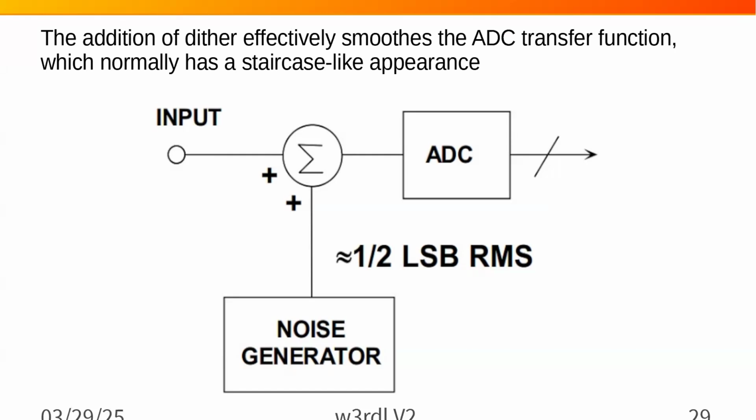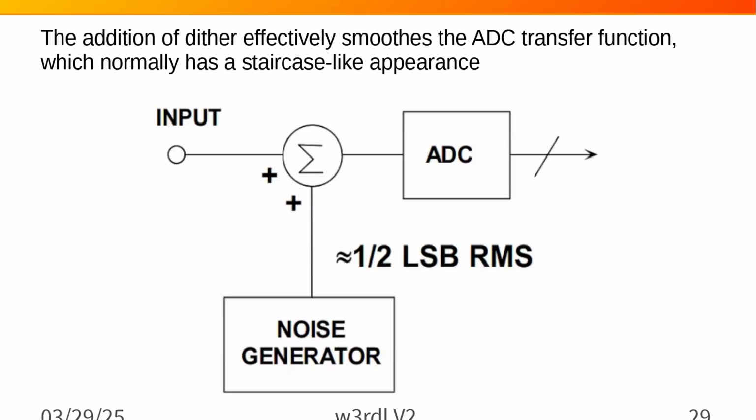And what that's going to do is cause the inputs to oscillate around 1/2 a least significant bit. So if your input voltage is, say, not quite up to the 1-bit level, you add that noise, sometimes it's above, sometimes it's below.